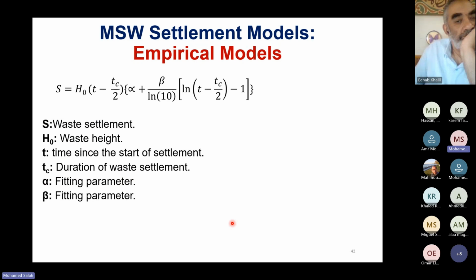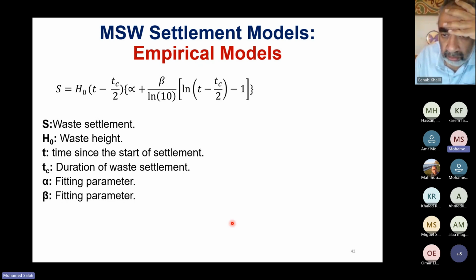Third are the empirical models, and empirical models are mainly developed for specific landfills. If we have a certain landfill that we kept monitoring for a period of time, or if we are observing a bioreactor in the lab, we just record settlement with time and start developing correlations between waste settlement and the different factors. That's how we develop these empirical models.